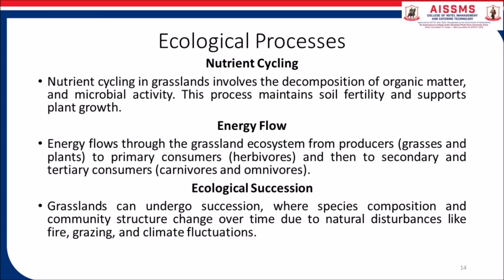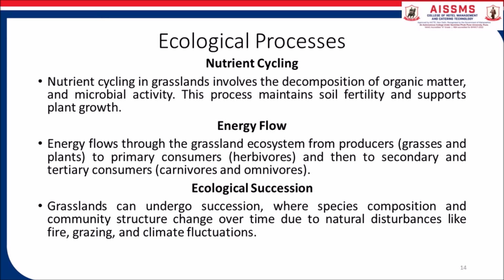Next one will be energy flow. Energy flows through the grassland ecosystem from producers to primary consumers, then to secondary and tertiary consumers. Decomposers break down the organic matter, returning energy to the system.